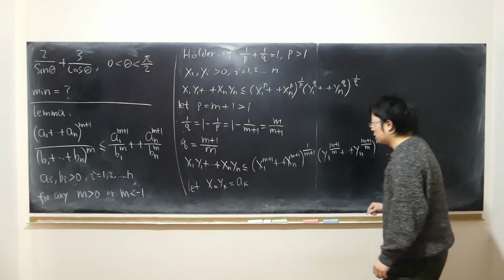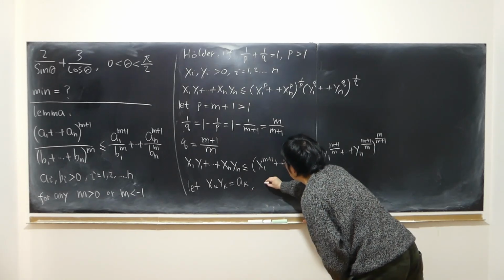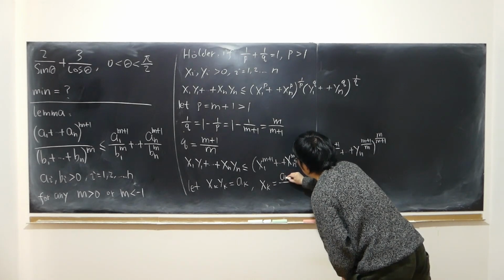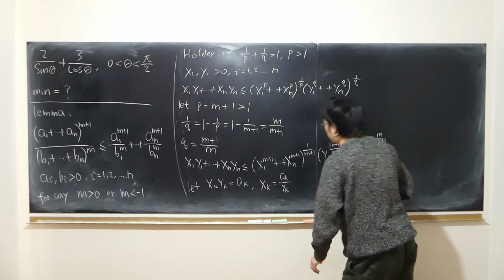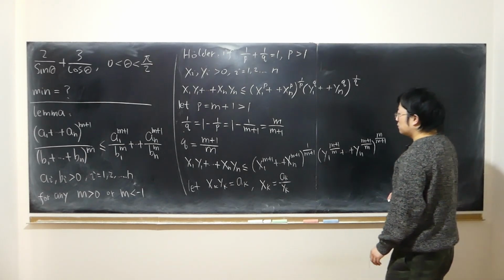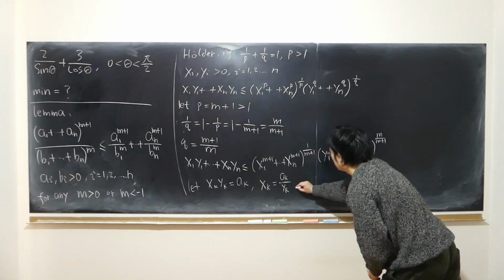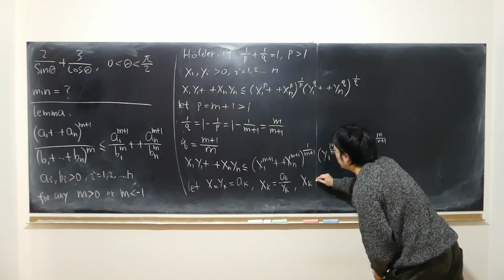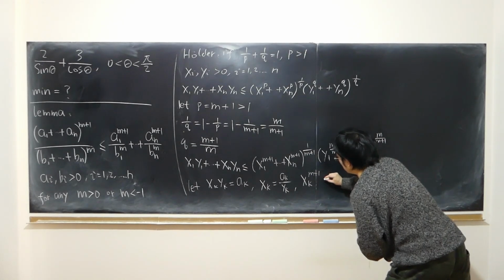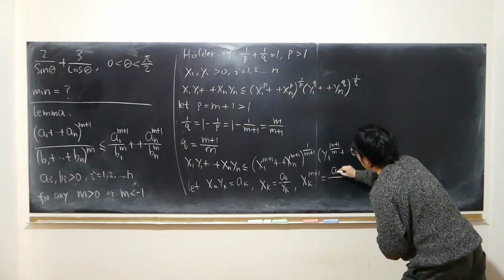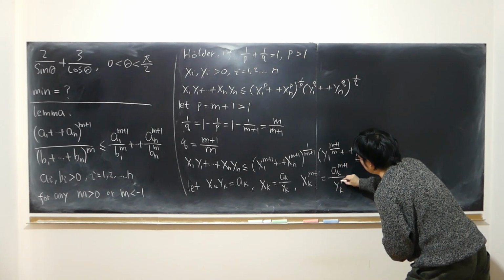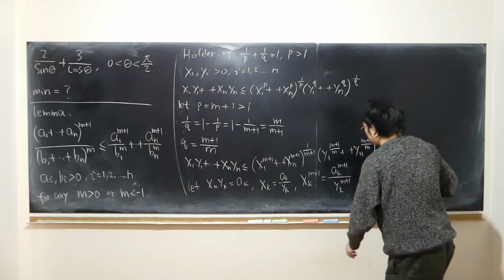So in this case, I easily have xk is equal to ak over yk. So easily xk to the n plus 1 is equal to ak to the n plus 1 over yk to the n plus 1.